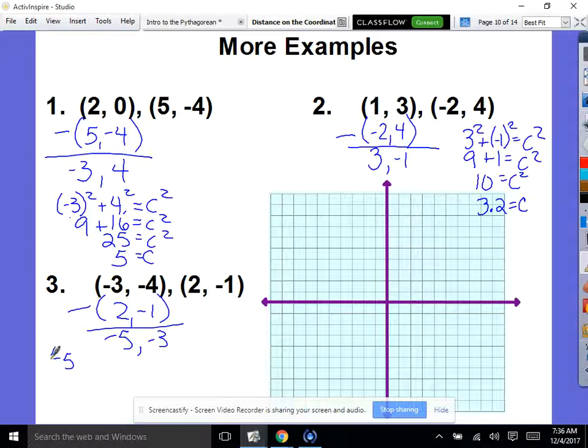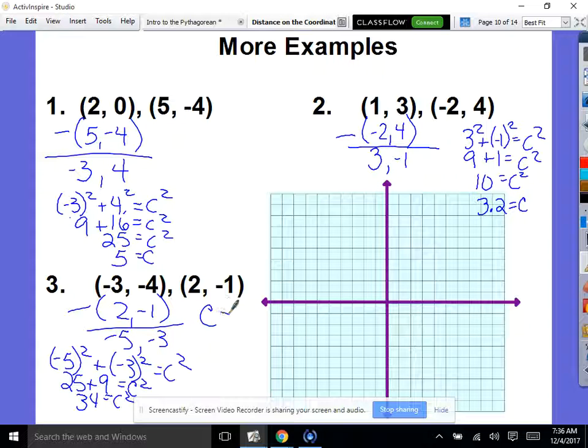So we have negative 5 squared plus negative 3 squared equals c squared. 25 plus 9 equals c squared. 34 equals c squared. So c equals 5.8.